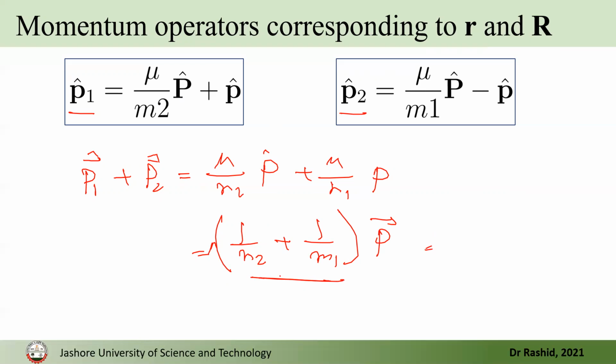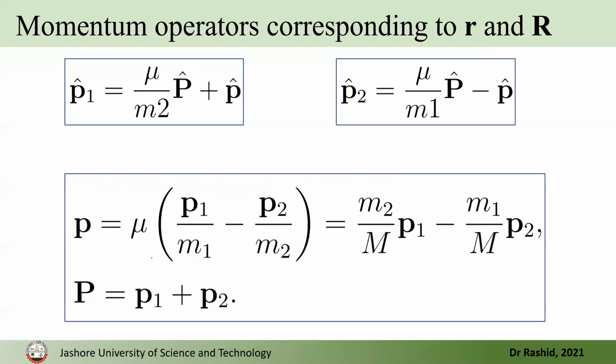We have defined the reduced mass as 1 by mu equals 1 by M1 plus 1 by M2. So this mu and 1 by mu cancel out, and we end up with capital P. So this is the total momentum that we have whenever we add them.